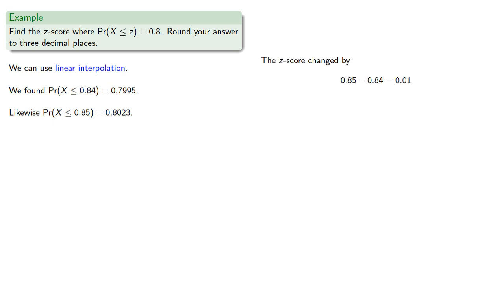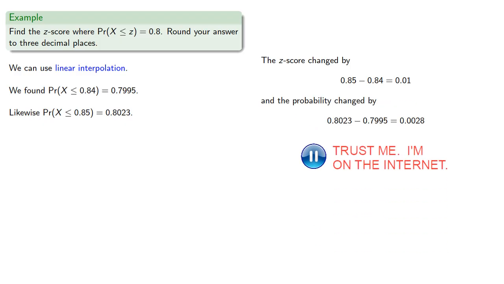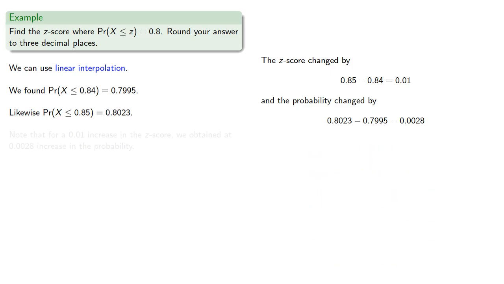So our z-score changed by 0.01, and the probability changed by 0.0028. And so this means for a 0.01 increase in the z-score, we obtained a 0.0028 increase in the probability.